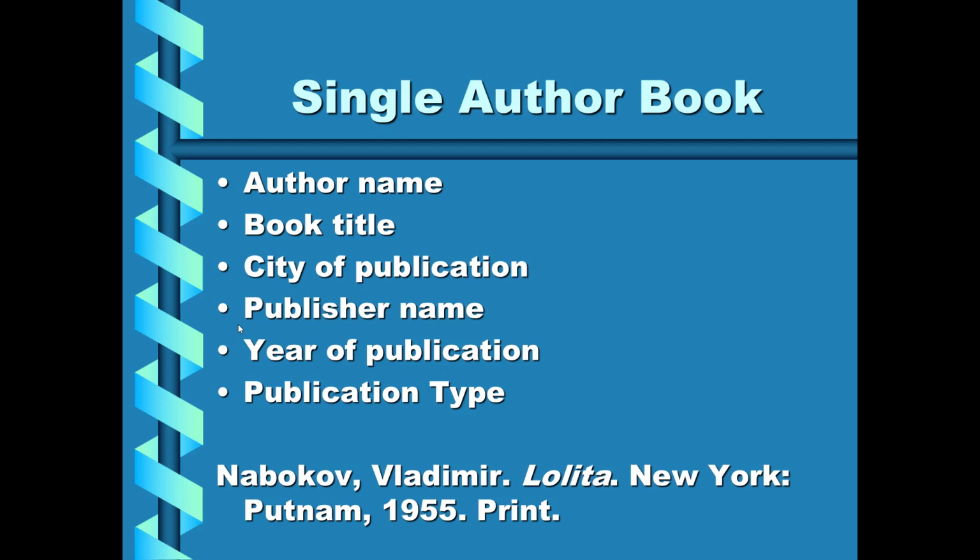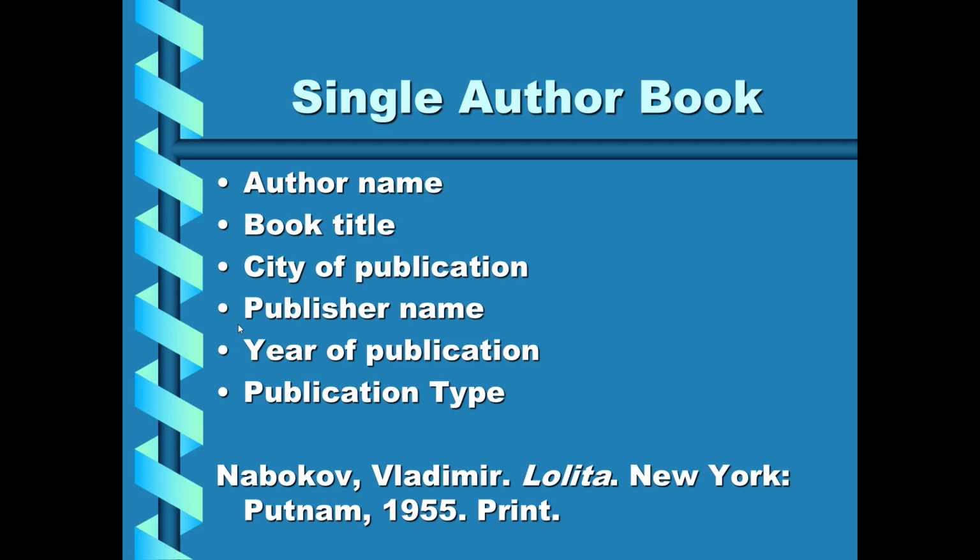So, probably the most common kind of source that people use in academic essays would be a single authored book. So in this case, we're citing the novel Lolita by Vladimir Nabokov. Notice how the author's name is always going to be formatted. It's always going to be last name, comma, first name.